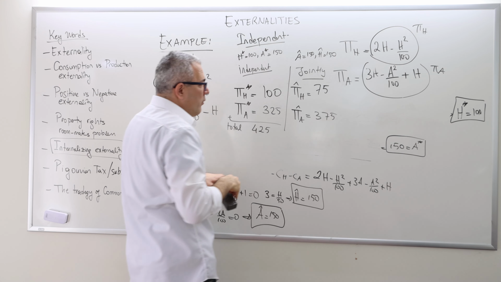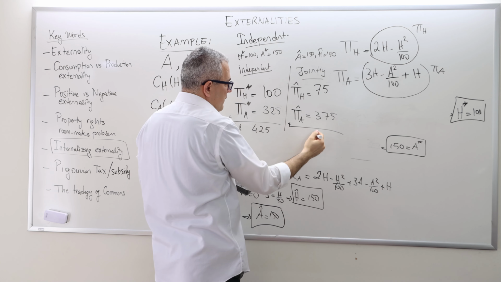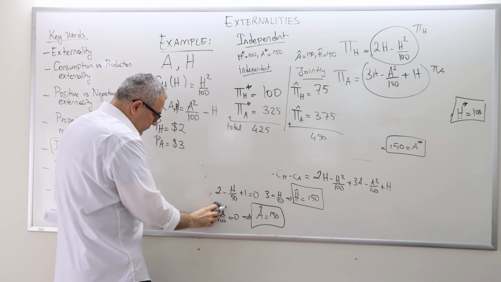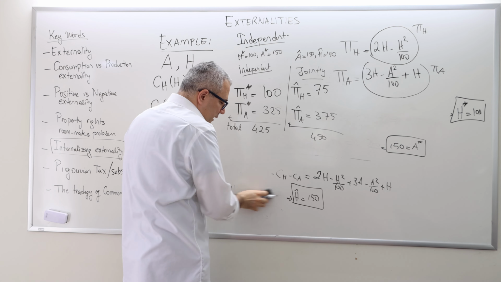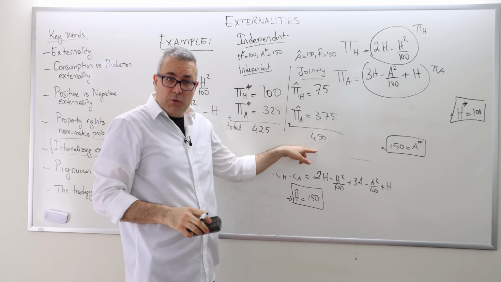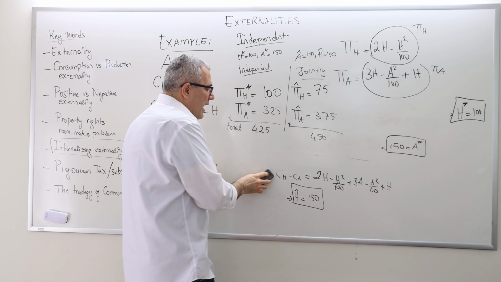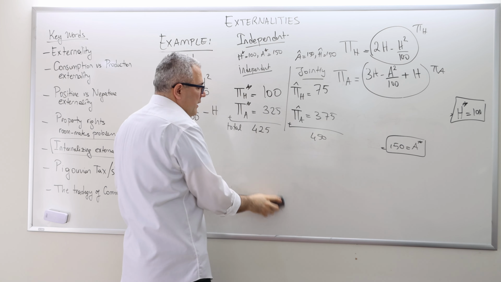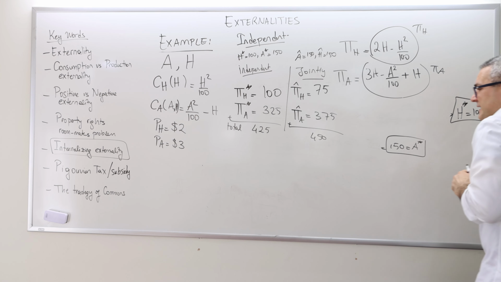The total profit, however, is 375 plus 75, $450. So if these two firms are acting jointly, then the total social profit is $450. But if they act independently, the total profit is going to be $425. So it's $25 less.